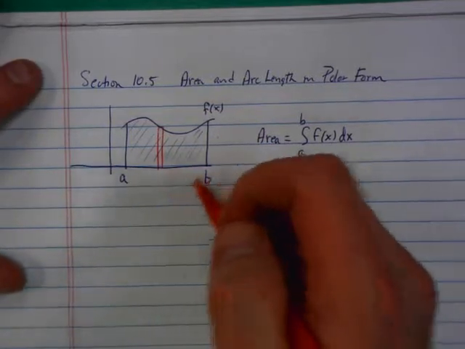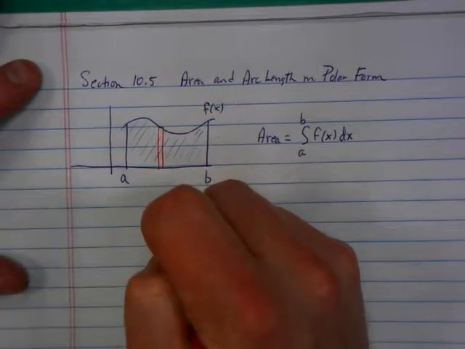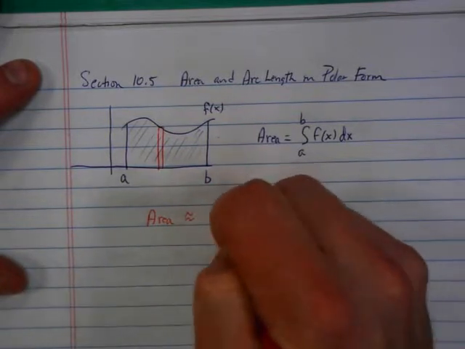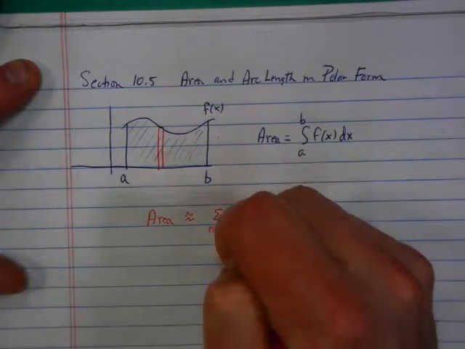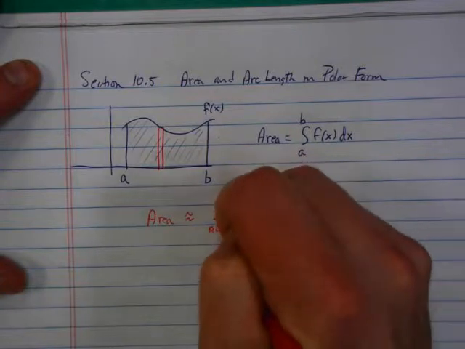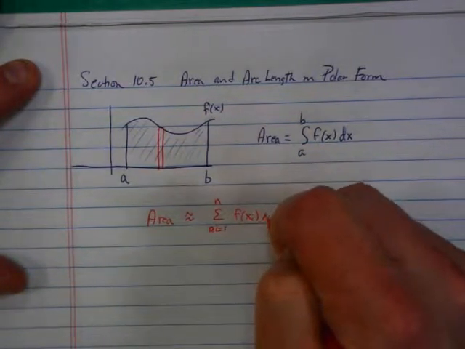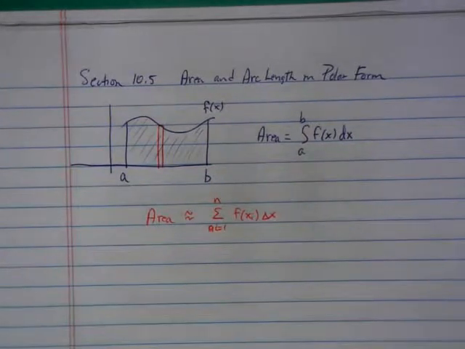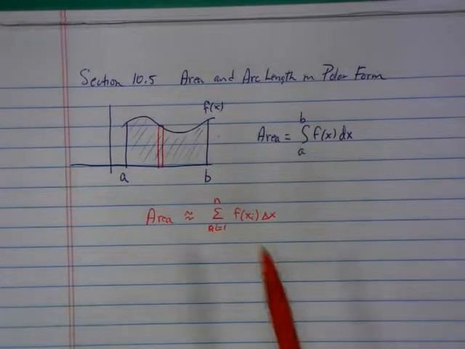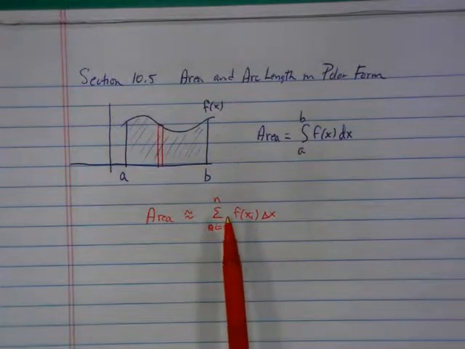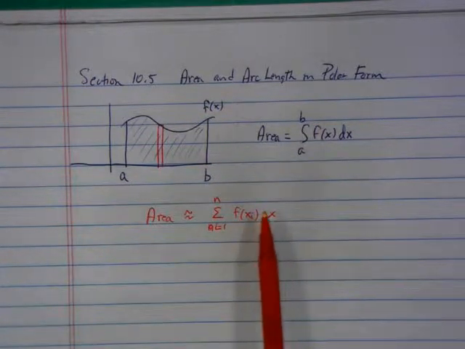So what we saw is we could find an approximation for the area by adding up the area of each rectangle. So this summation would mean for rectangle number 1, I find its height, I find its width.